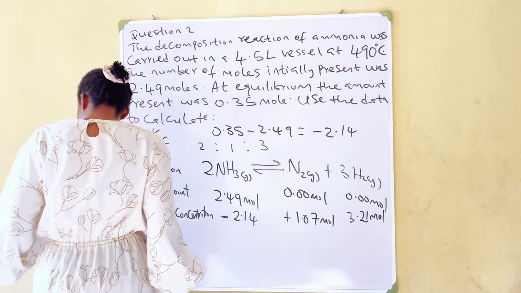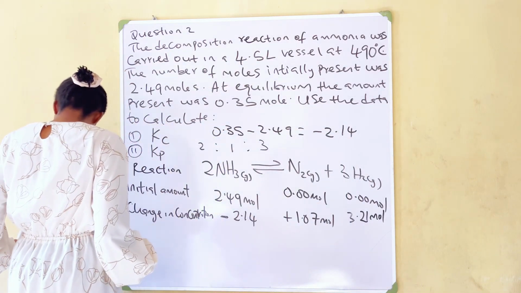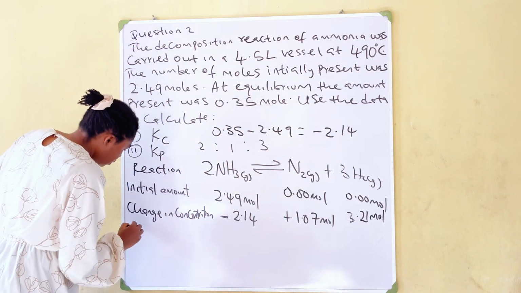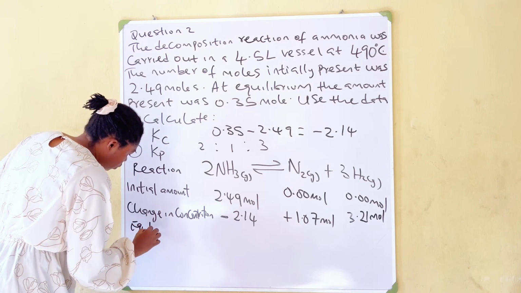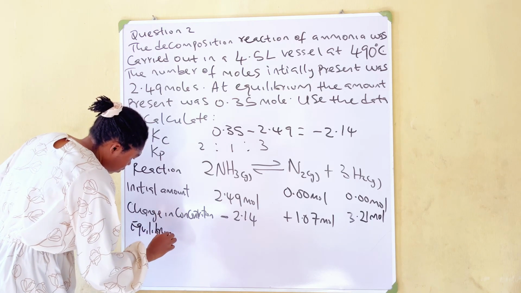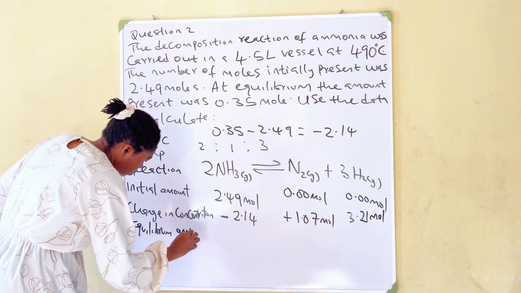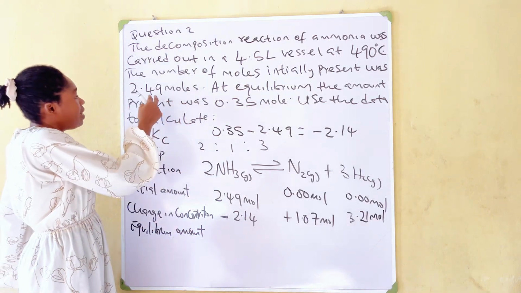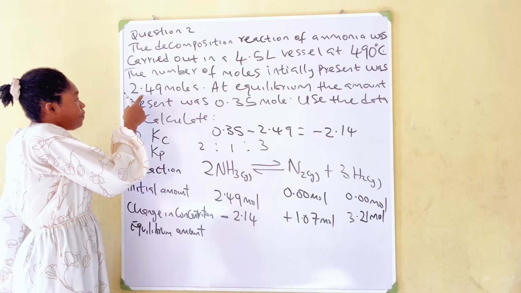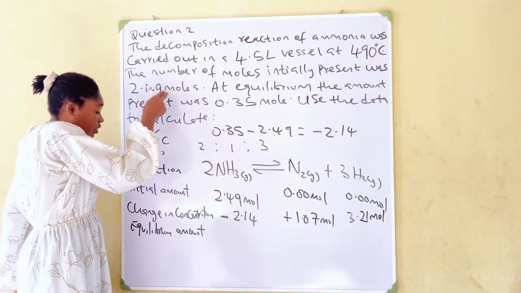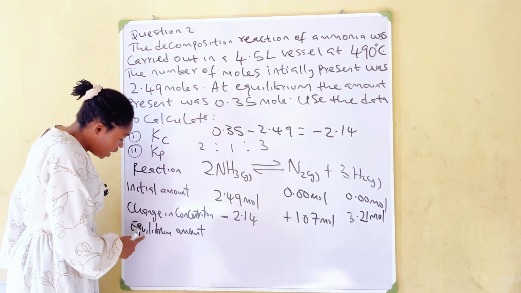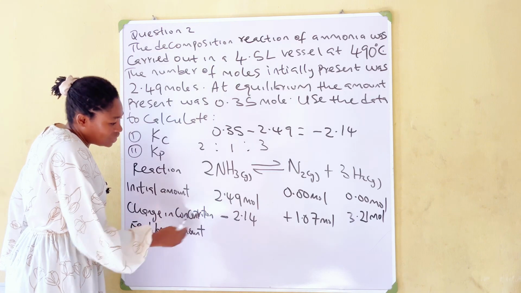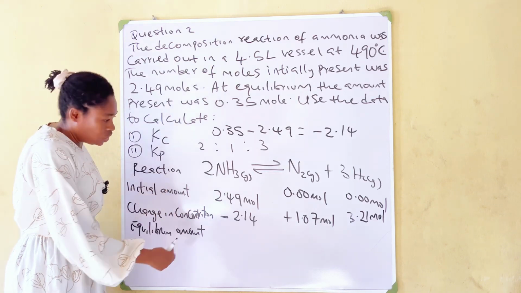Okay, we're going to look at equilibrium amount. If in this question I was not given moles but concentration, I wouldn't have done equilibrium amount; I would do equilibrium concentration straight.